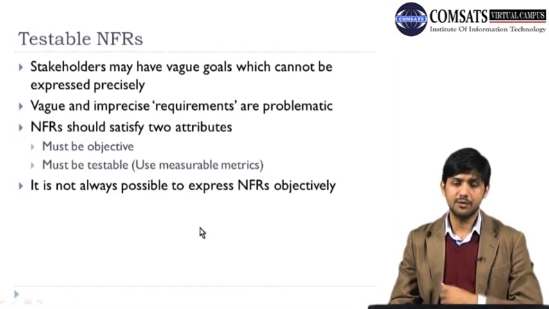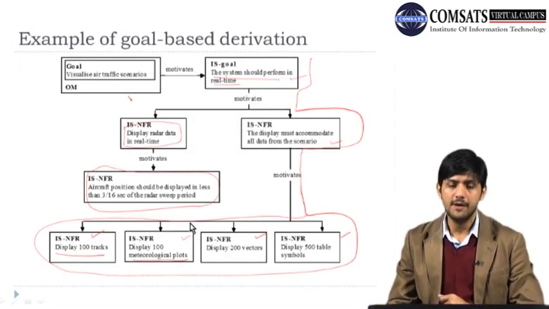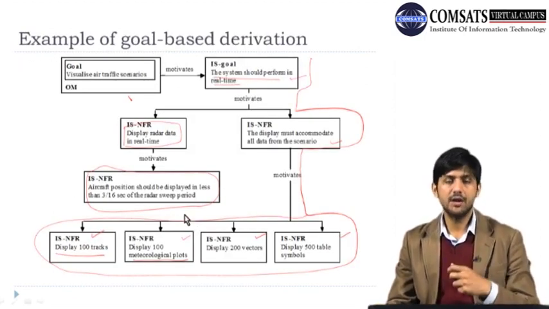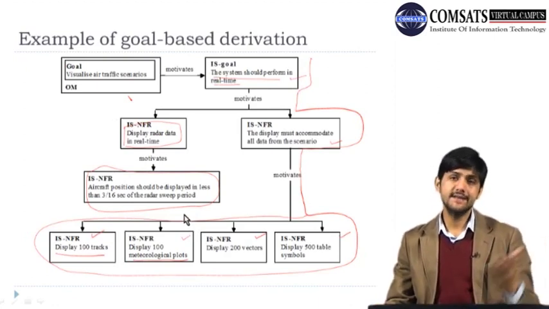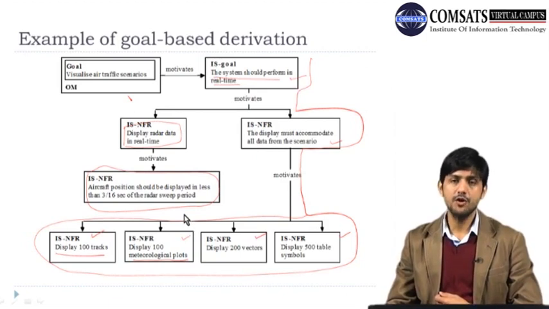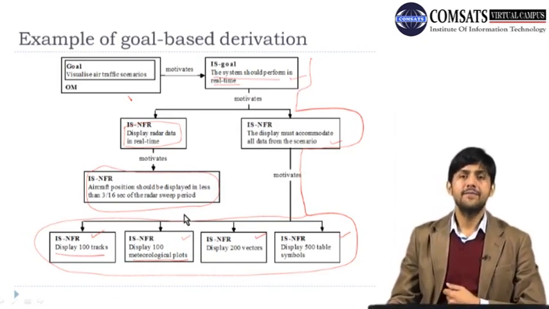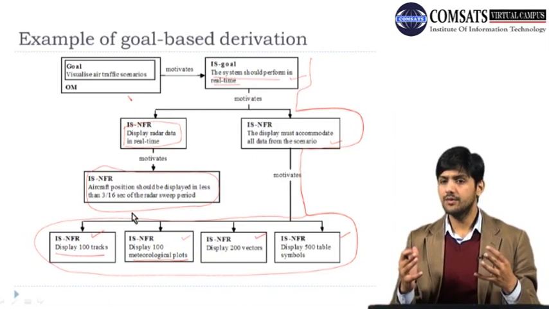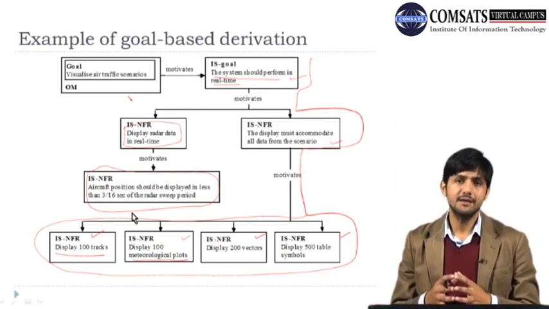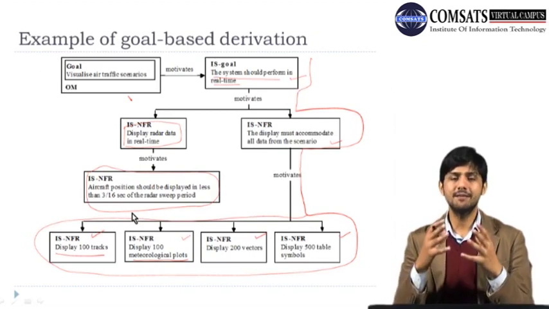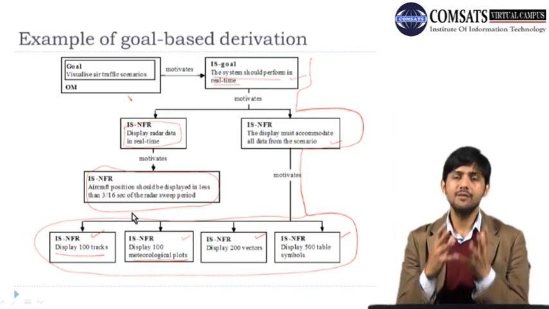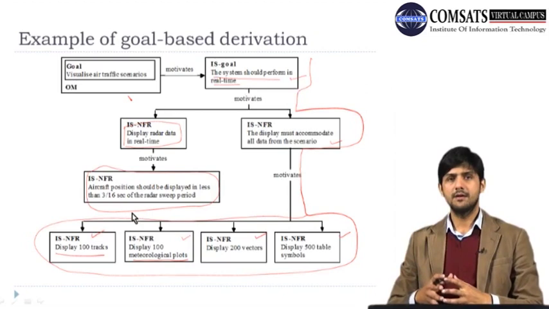Looking back at this goal, which says visualize air traffic scenarios: if you just specify this as it is in your software requirement specification document, you will never be able to satisfy the client, because no matter what you show or tell him, he can always say, no, this is not what I wanted.